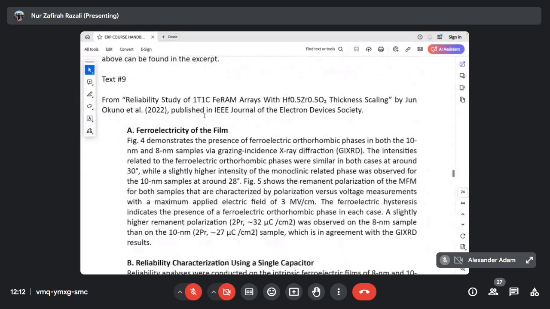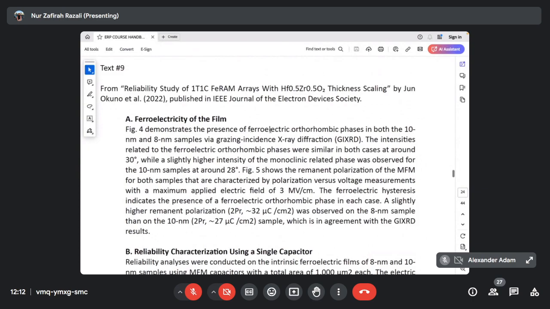A, ferroelectricity of the film. Figure 4 demonstrates the presence of ferroelectric orthorhombic phases in both the 10nm and 8nm samples via grazing incidence X-ray diffraction, GIXRD. The intensities related to the ferroelectric orthorhombic phases were similar in both cases at around 30 degrees, while a slightly higher intensity of the monoclinic related phase was observed for the 10nm samples at around 28 degrees.